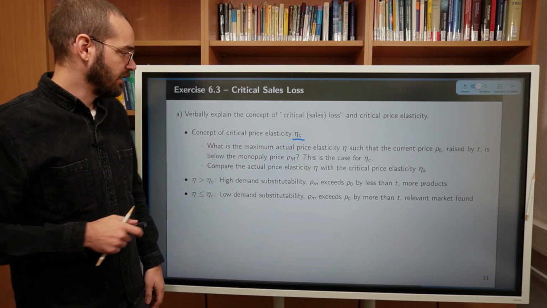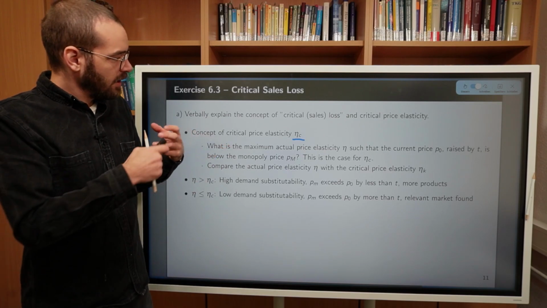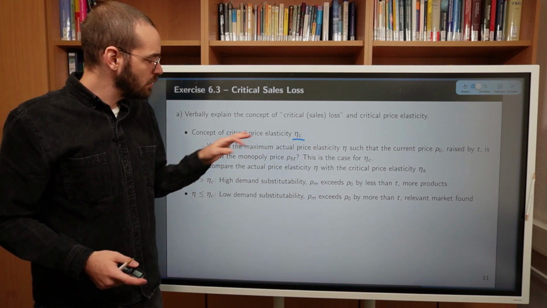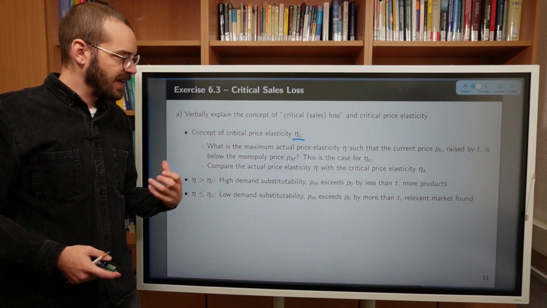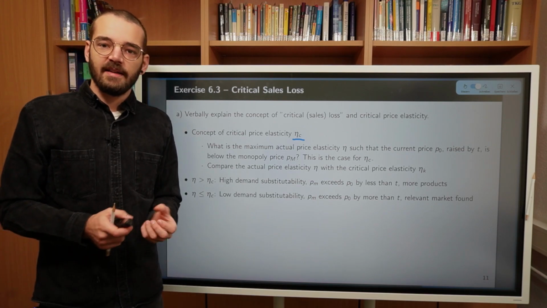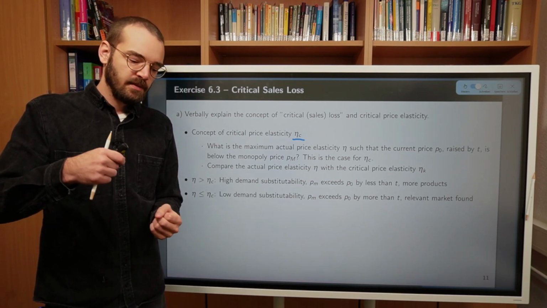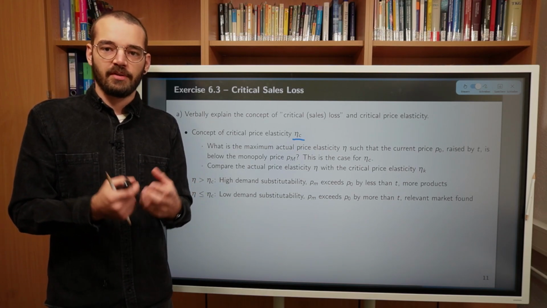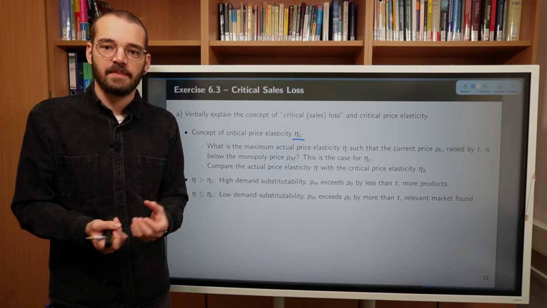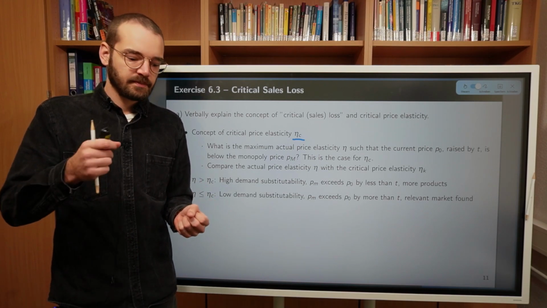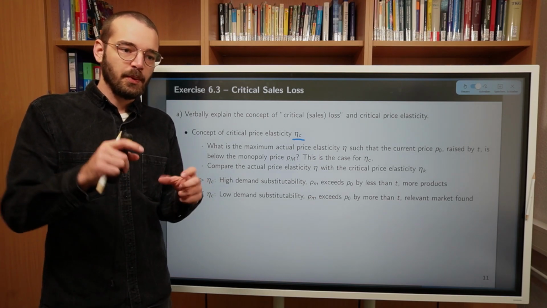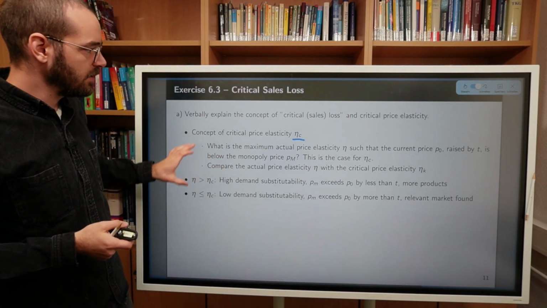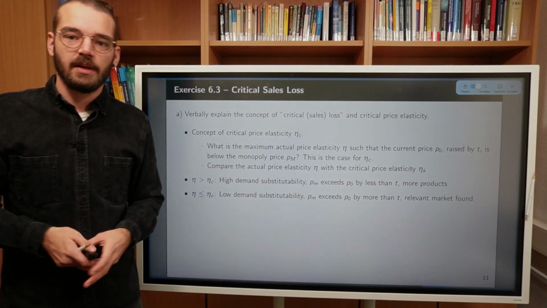concept for us. Okay, so we can have conceptually the same analysis, but use the price elasticity eta for this. And the idea of this critical loss analysis applied to the critical price elasticity concept is, of course, as it is written in this quote. So it's maybe easier to just read it straight from the slide.